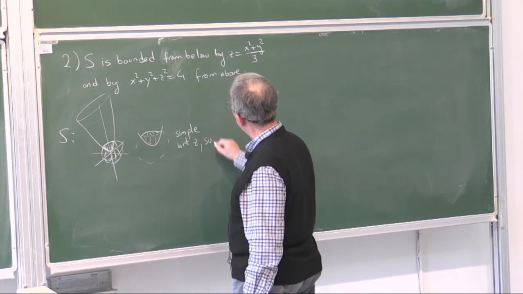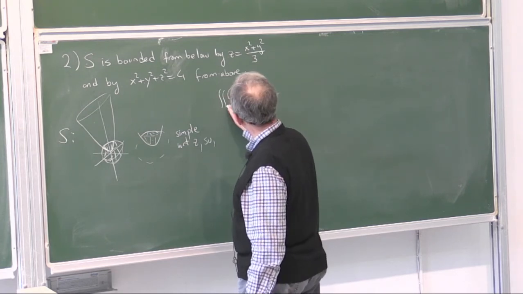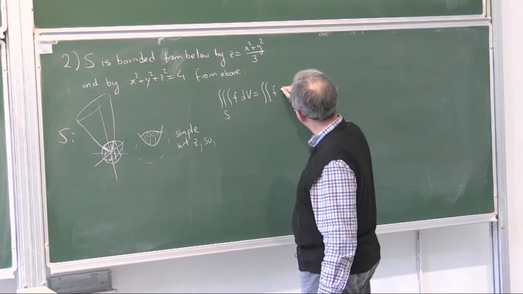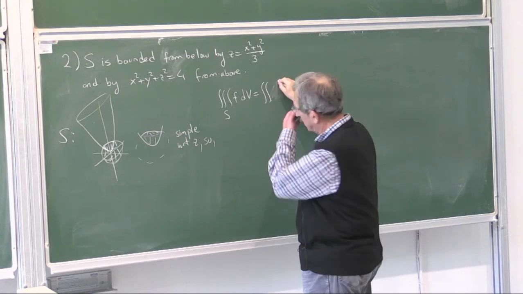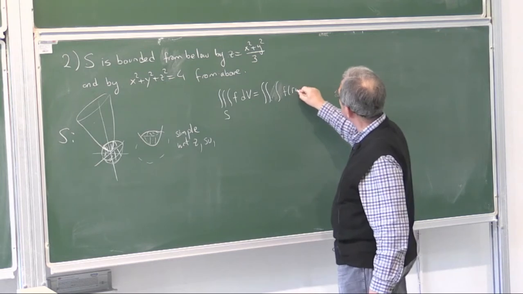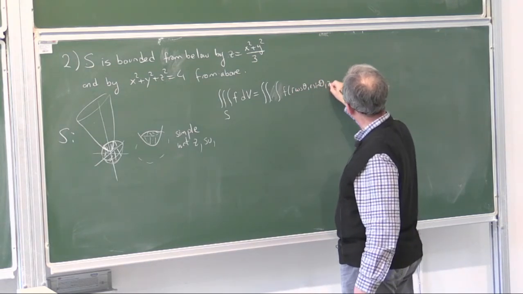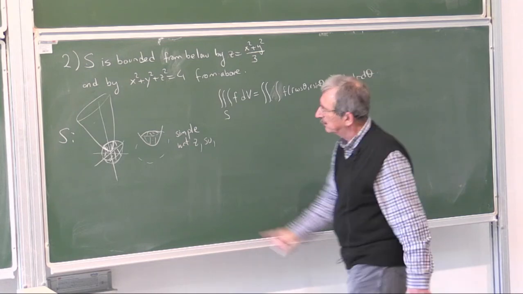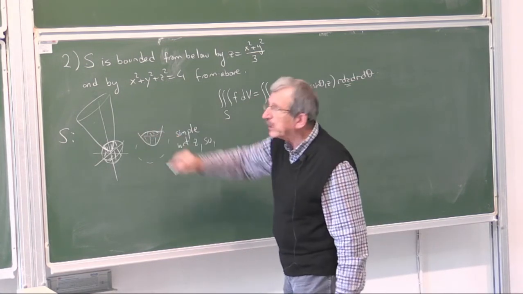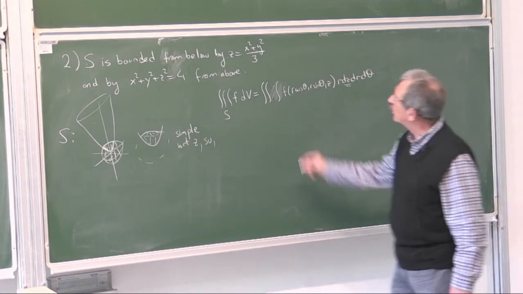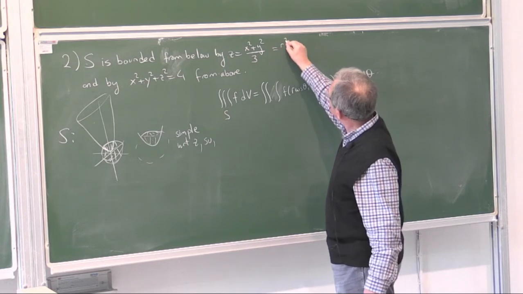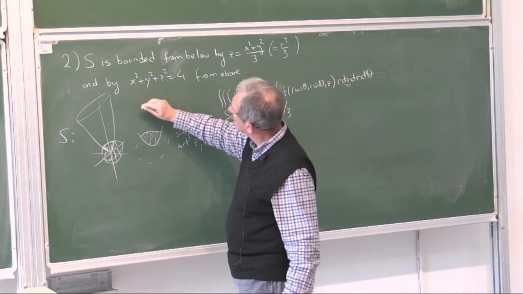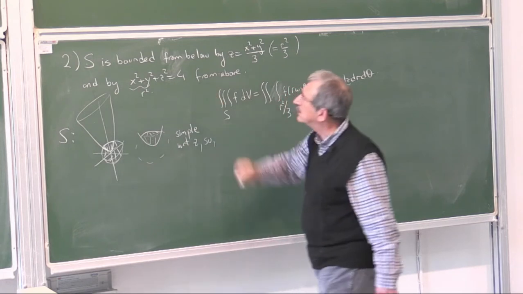So, okay, an integral over S of f dV would be the integral of f, okay, let me put this, r cosine theta, r sine theta, z, r dz dr d theta, and of course z starts from the paraboloid, goes up to the sphere, the upper sphere, so it starts from here, which of course is r squared over 3, okay, goes up to this one, which of course is the square root of 4 minus r squared.